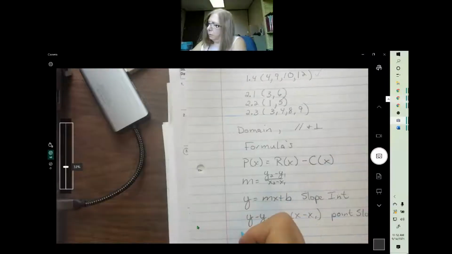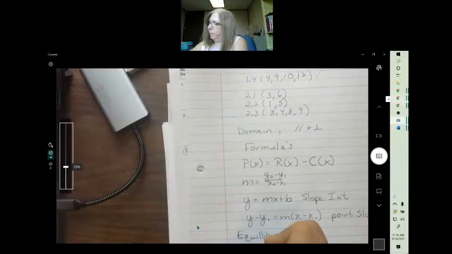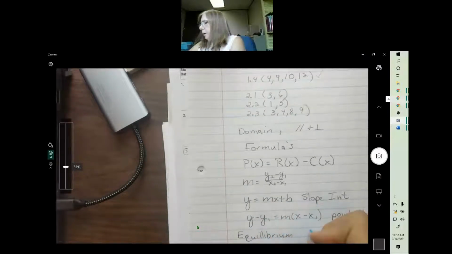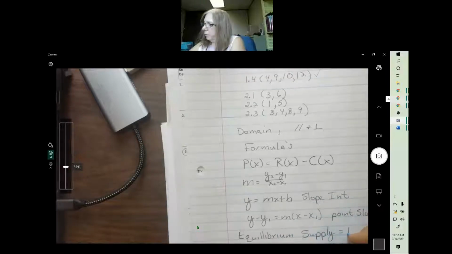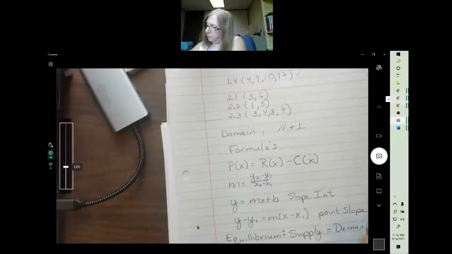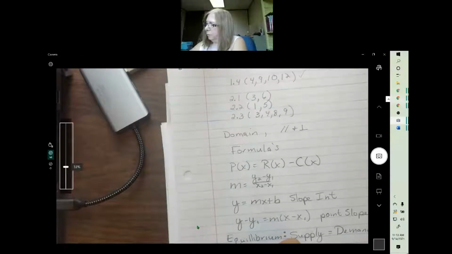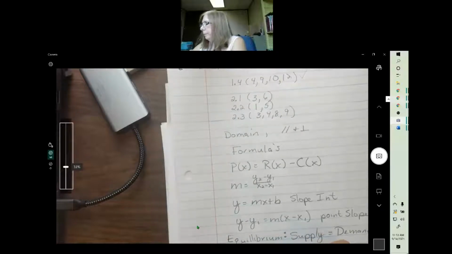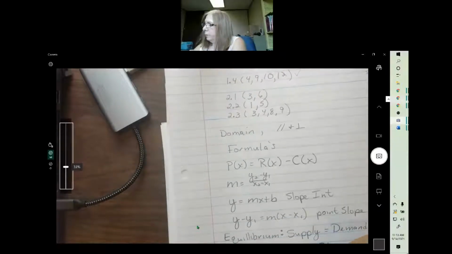Oh. For equilibrium, you set supply equal to demand. And for the break-even quantity, if you have profit, you set it equal to 0.